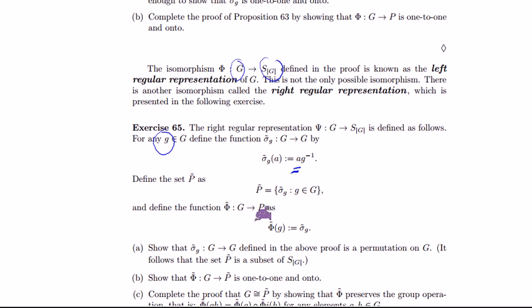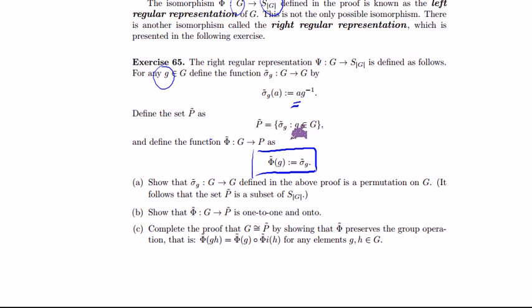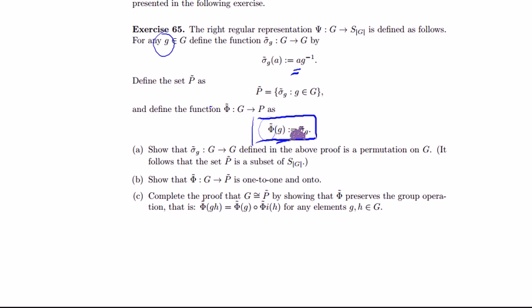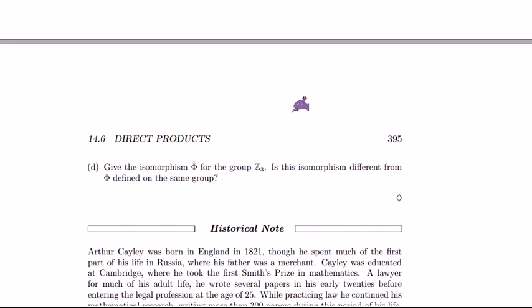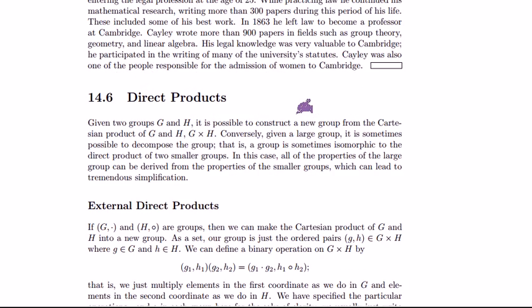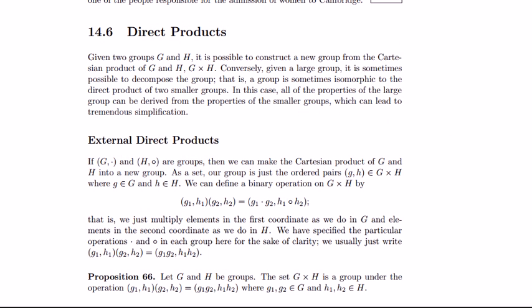So I can define this mapping from group elements to permutations by saying phi tilde of G is equal to the permutation caused by multiplying every group element on the right by G inverse. And we can similarly show that this mapping phi tilde from group elements to permutations is one-to-one onto and preserves the operation. Okay, we'll stop here and go on with the next video.